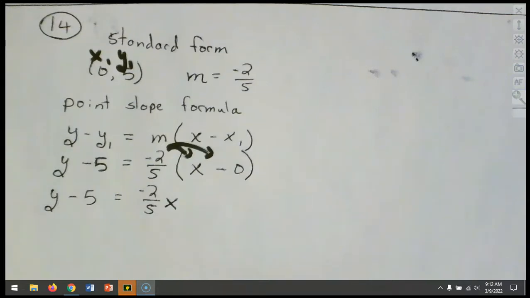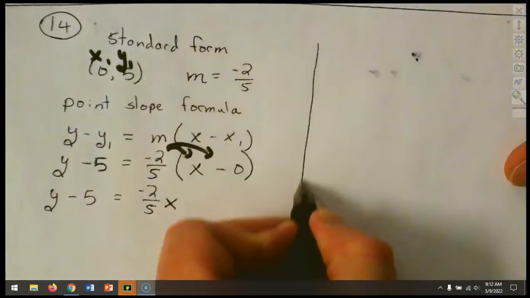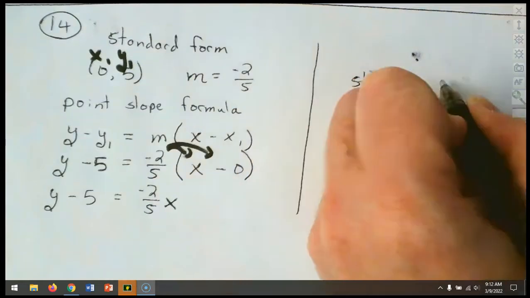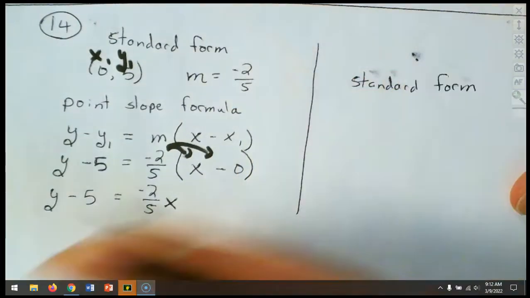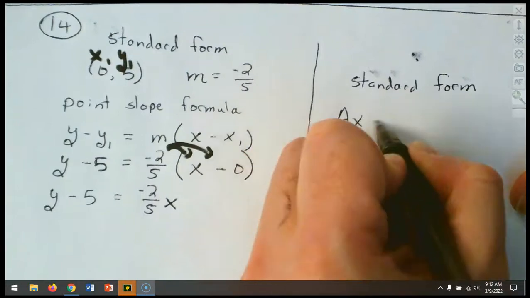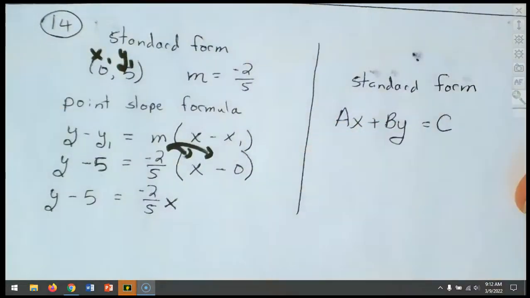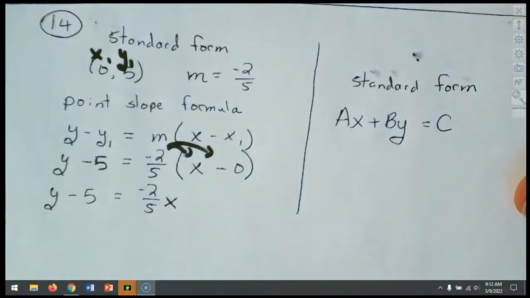Now, in standard form, just so we can review what standard form is, what does it look like? Standard form is Ax plus By equals C. And these are capitals because these are integers.